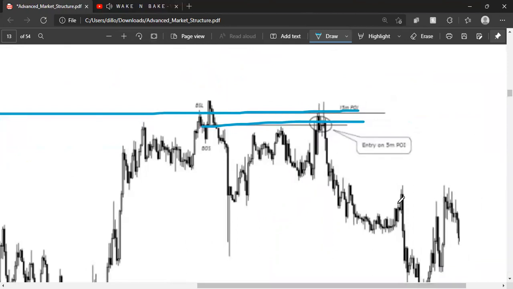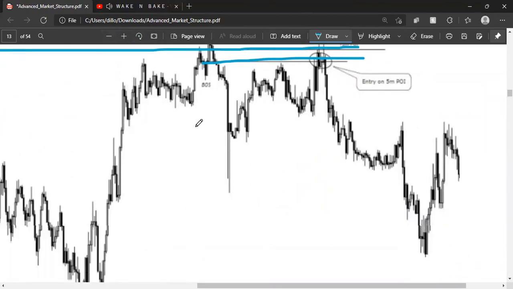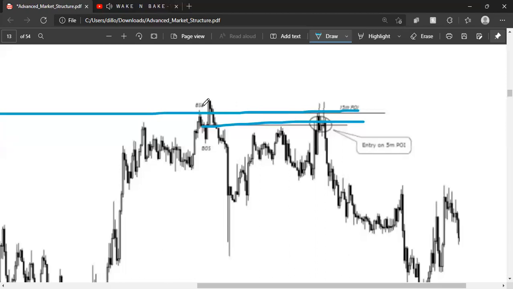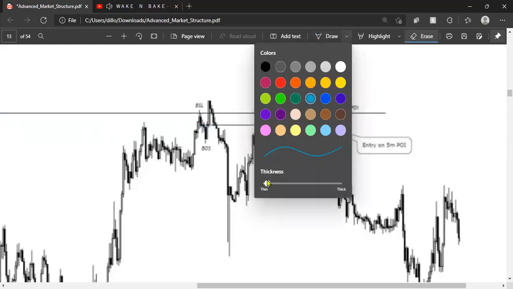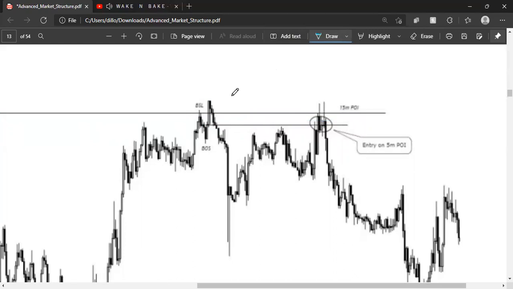The same exact behavior on a different time frame. You see this push up right here took out this high. That's BSL, buy side liquidity. It took out buy side liquidity and then gives us a break of structure.